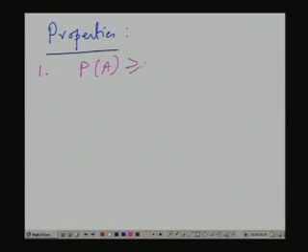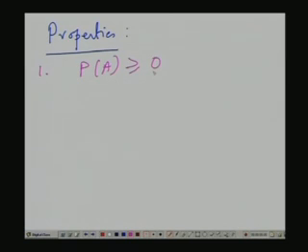Those values are called probabilities. I denote like this: P(A) is the probability of A. It should satisfy some properties. These properties are: Number 1, P(A), any probability value that I assign, must be non-negative.